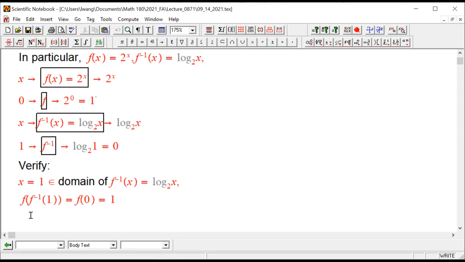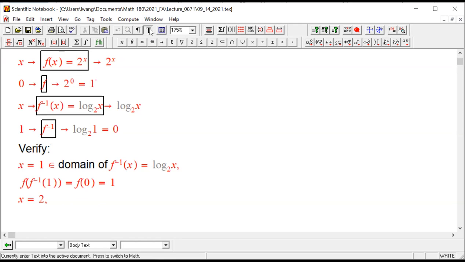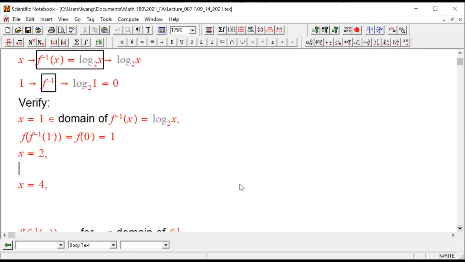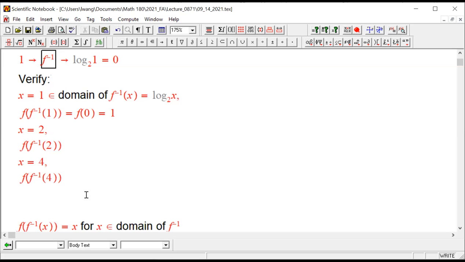You follow me? So now I want you guys to try a couple. Are you ready? X equals 2 and X equals 4. I want you to run the machine yourself, so this is going to be 2, and this is going to be 4. We can have a breakout session if you wish, only if you want to.